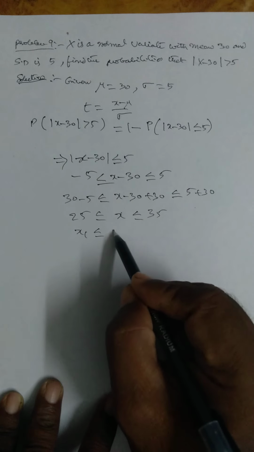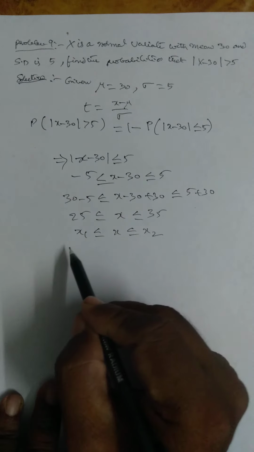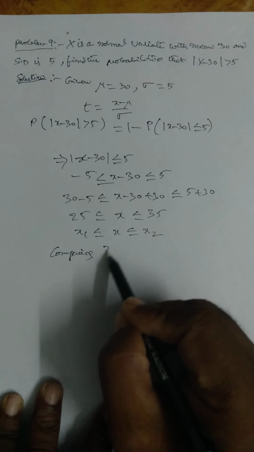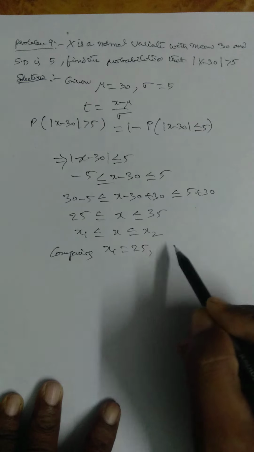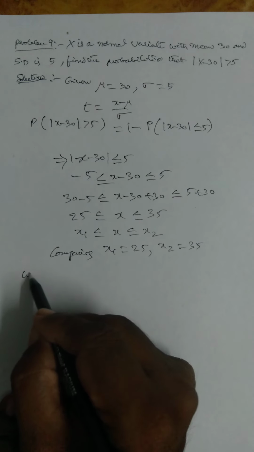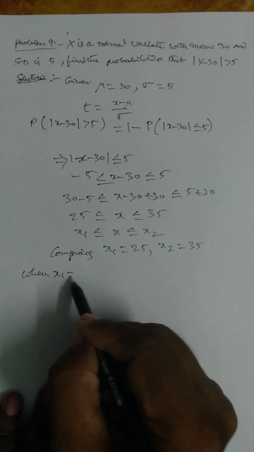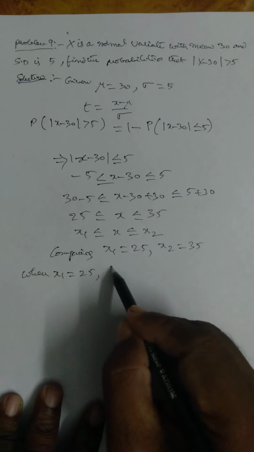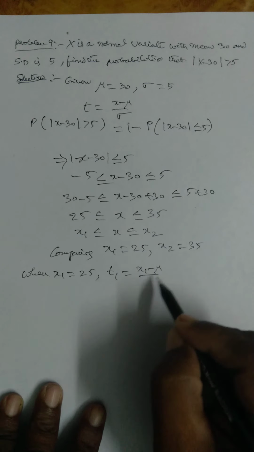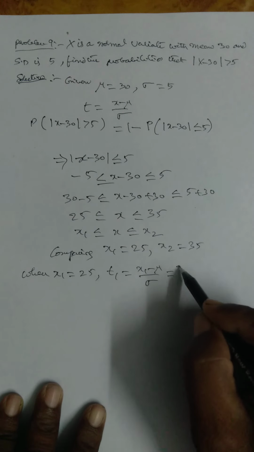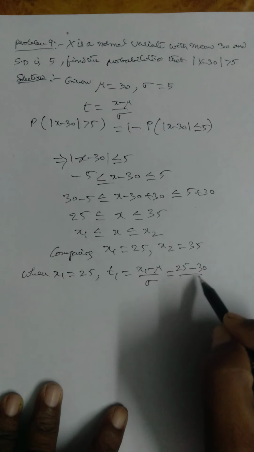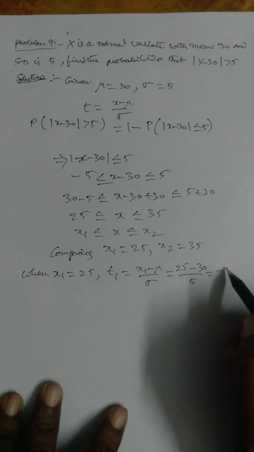Comparing x1 less than or equal to x less than or equal to x2, x1 is equal to 25, x2 is equal to 35. When x1 is equal to 25, t1 is equal to (x1 minus mu) by sigma is equal to (25 minus 30) by 5, which is minus 1.